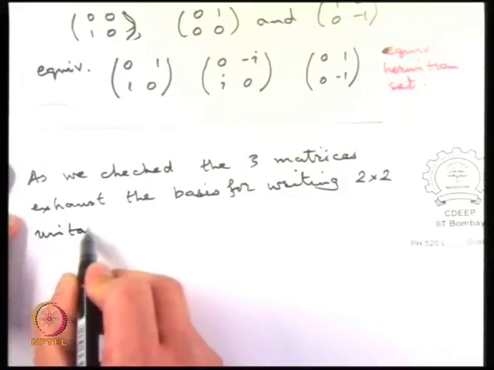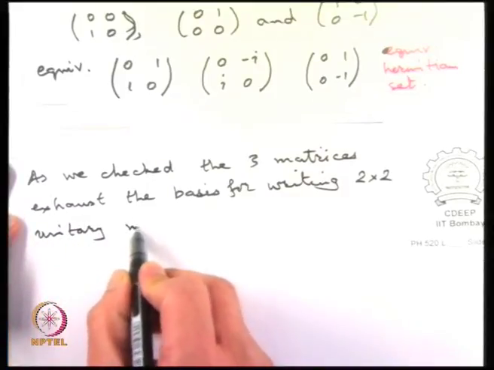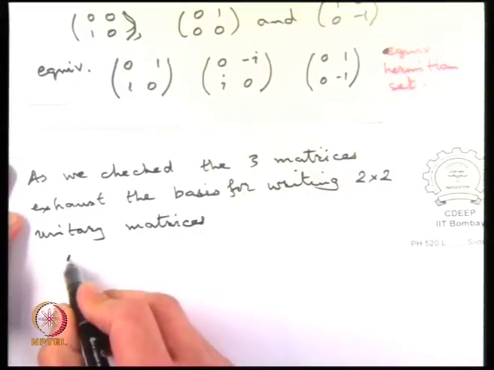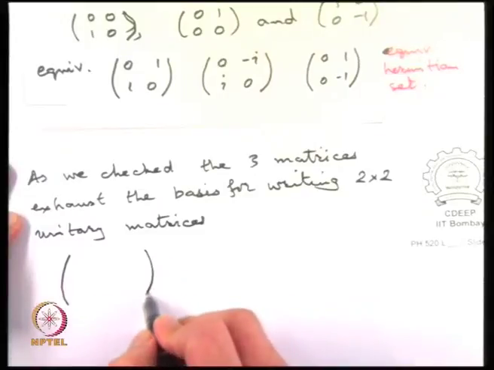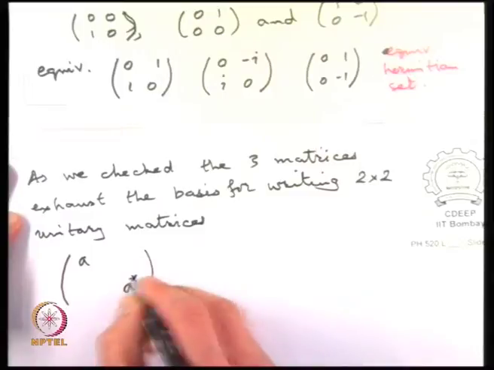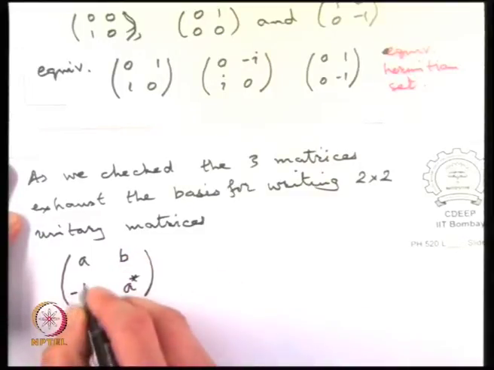It's quite a remarkable thing. Because we had this A star and B and minus B star.